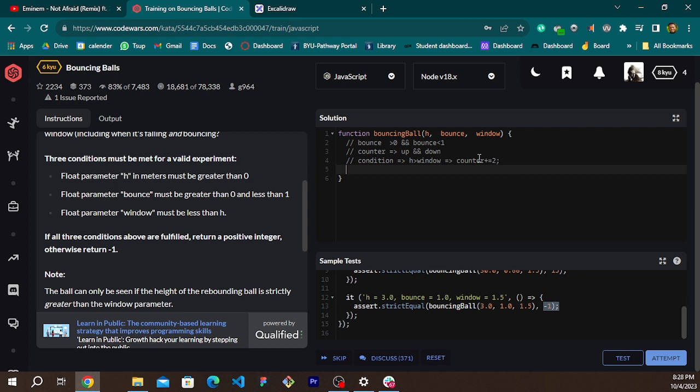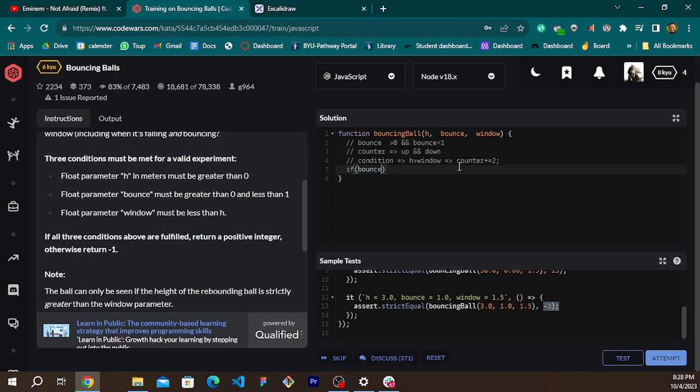Enough talking, right? So the first step, I would just follow this, is to consider that bounce is always between 0 and 1. So we write an if condition.